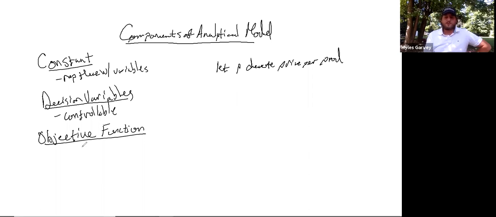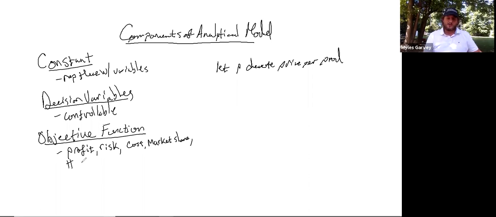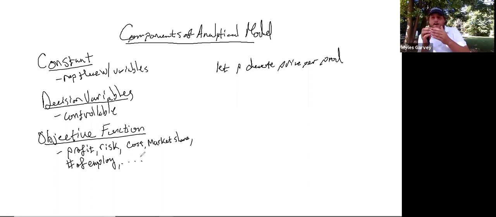Some decision makers would much prefer to focus on profit, while others would prefer to focus on risk or cost or market share or number of employees, etc. In other words, when I make a decision and implement it in the real world, it's having an impact in some manner on the environment.